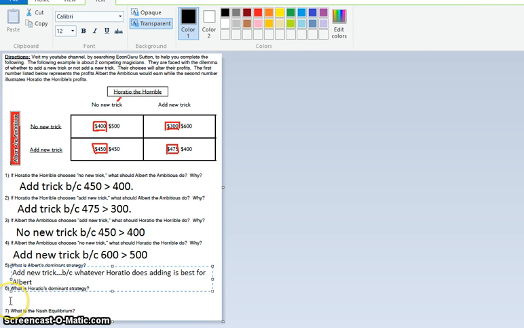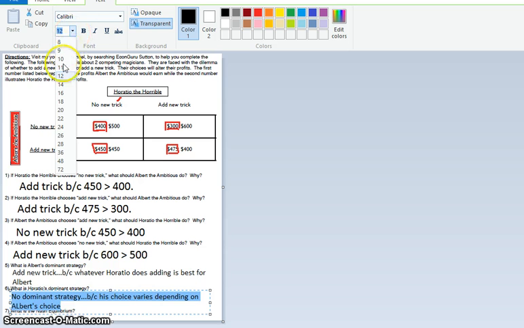So what we see here is Horatio has no dominant strategy, because his choice varies depending on Alberto's choice. So sometimes Horatio adds and sometimes he doesn't. It depends. So he has no dominant strategy whatsoever.